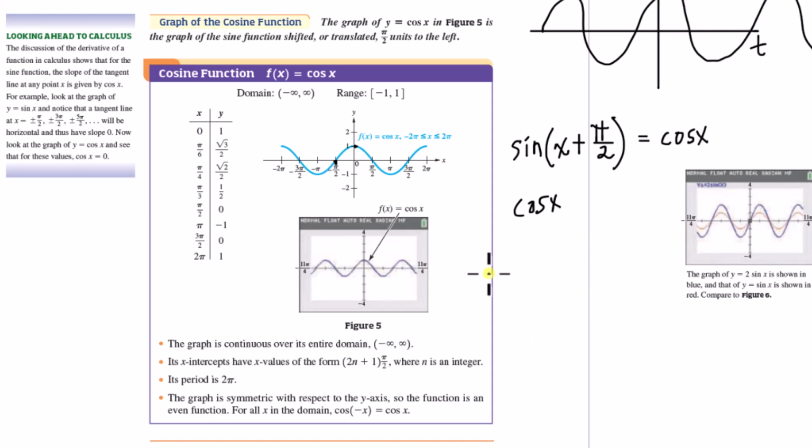Now, okay, so it has periodic symmetry, but like the sine function, it also has another form of function symmetry. The sine function was an odd function. The cosine function is an even function, which means that f of minus x is equal to f of x in this case. So cosine of minus x is equal to cosine x.